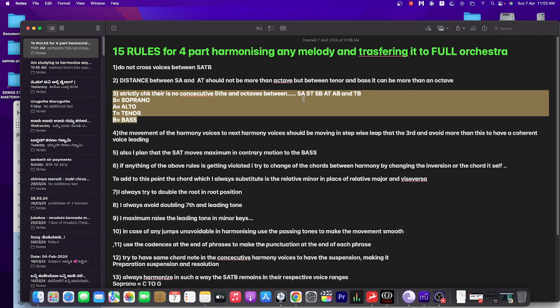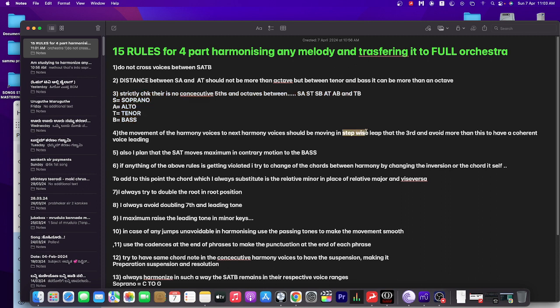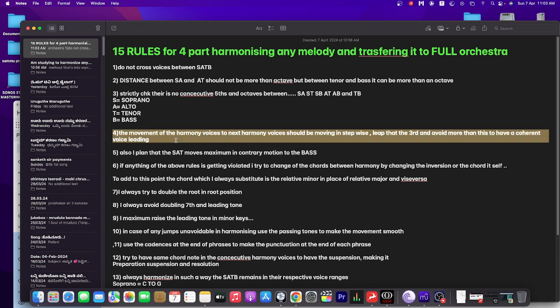The fourth rule is that the movement of the harmony voices to the next harmony voices should be stepwise. Okay, this is very important. Stepwise, or a leap of a third, and avoid more than this to have a coherent voice. I've written it in wrong English. What it means is the movement of the harmony voices from one note to another note should be a step, or it may be a leap.